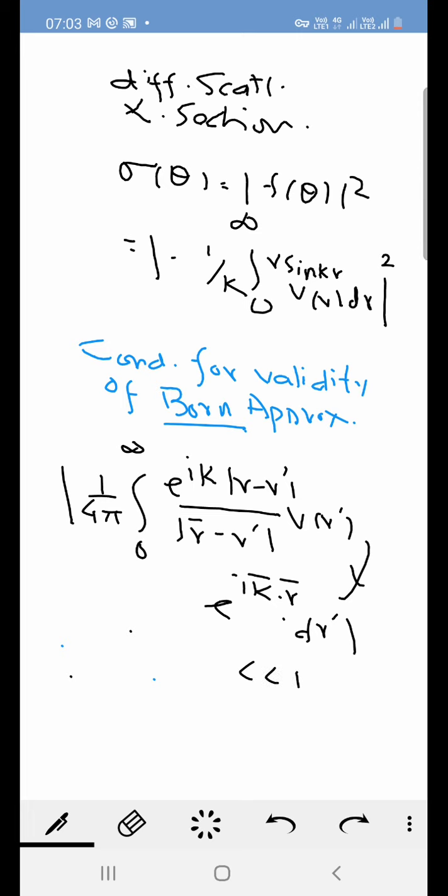This is the condition for the validity of the Born approximation.